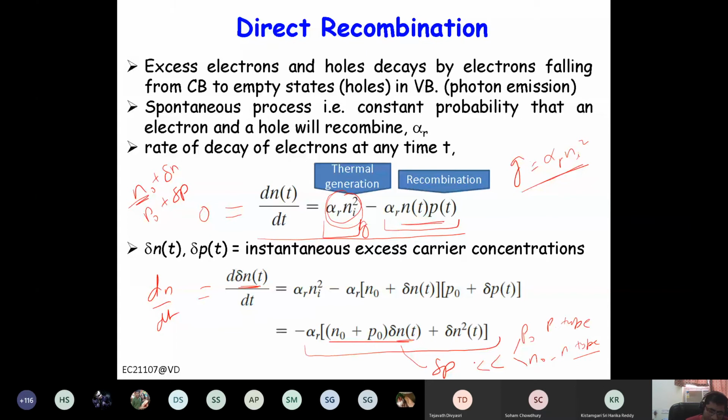So in low level injection, you can ignore this delta n square. You can simply write alpha r times n naught plus p naught delta n. Or you can further simplify: if it is p type, you can just keep p naught because n naught will be very small anyway, and if it is n type, you can keep n naught, as p naught will be very small anyway.